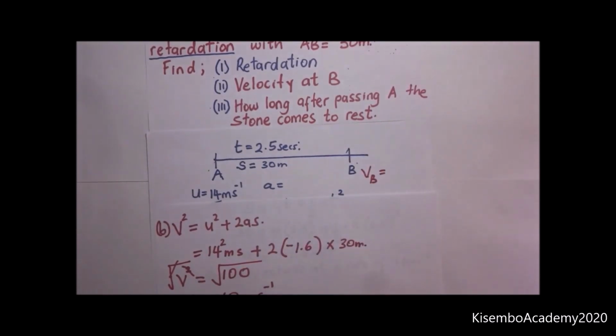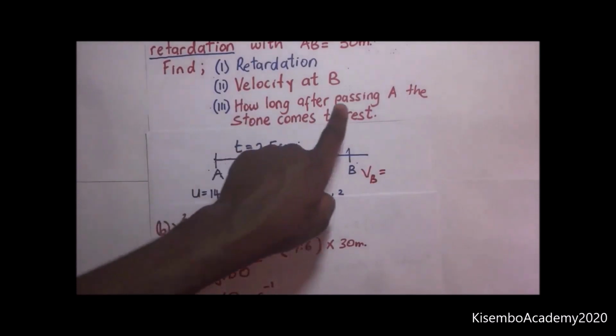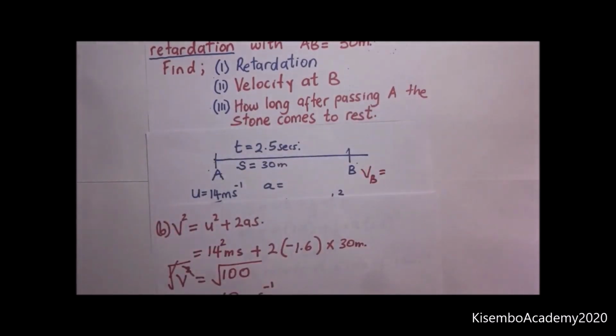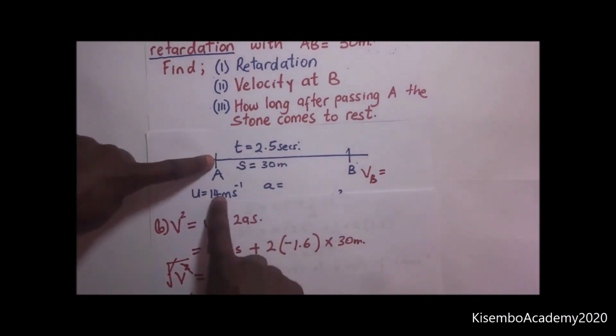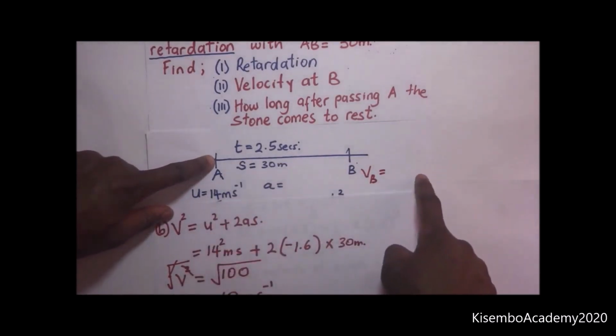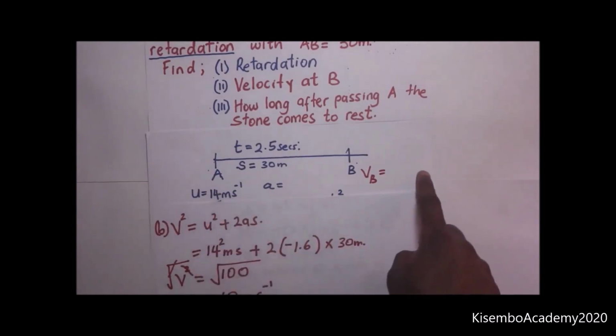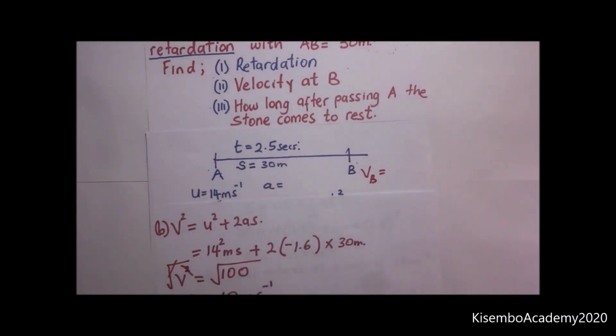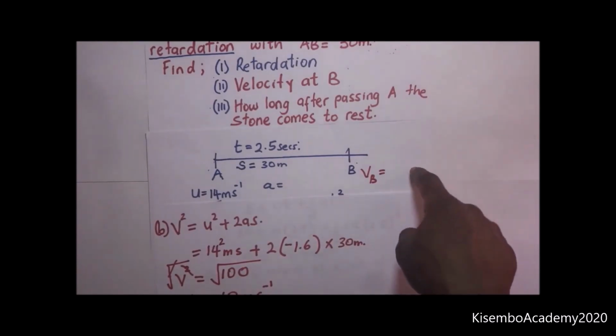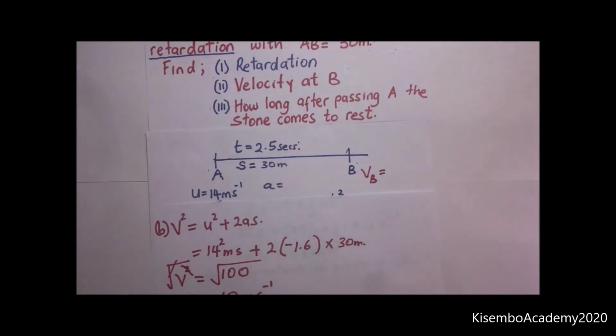So when they ask us how long after passing A does the stone come to rest, they are actually asking us to find the time it's going to take for it to move from point A at that velocity up to a certain point when the velocity is 0. So we are simply trying to find the value of time when the initial velocity is 14 and the final velocity is 0, because it is when the final velocity is 0 that the stone eventually comes to rest.